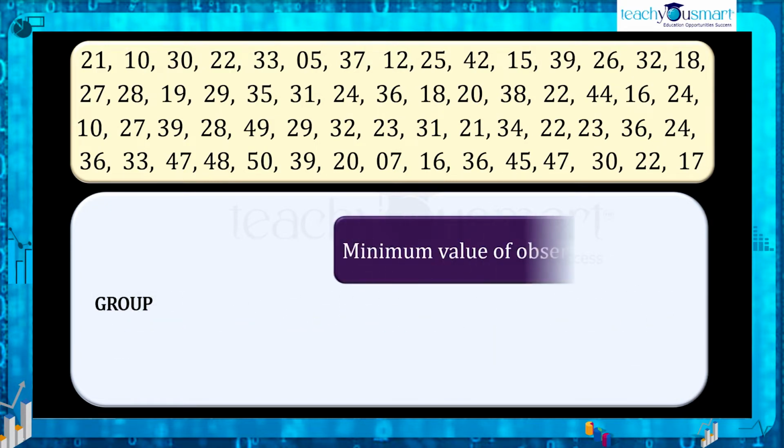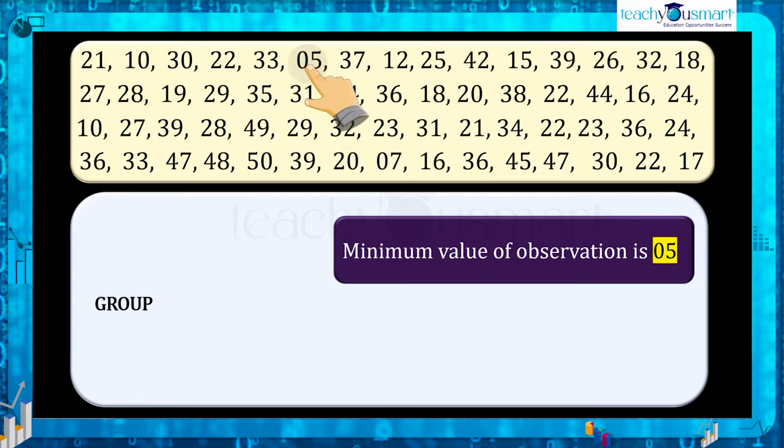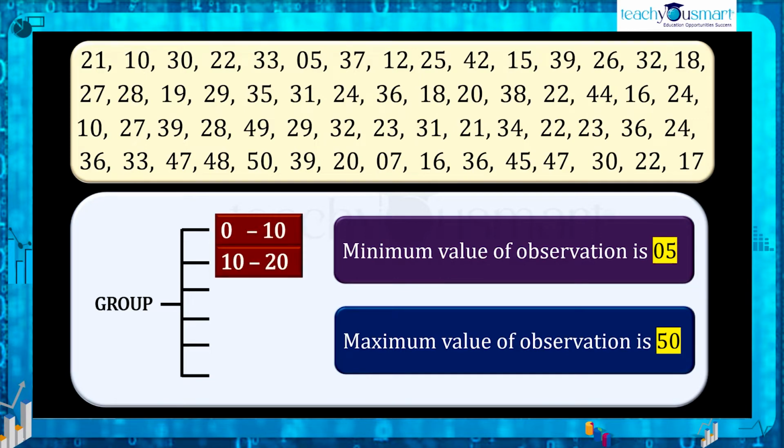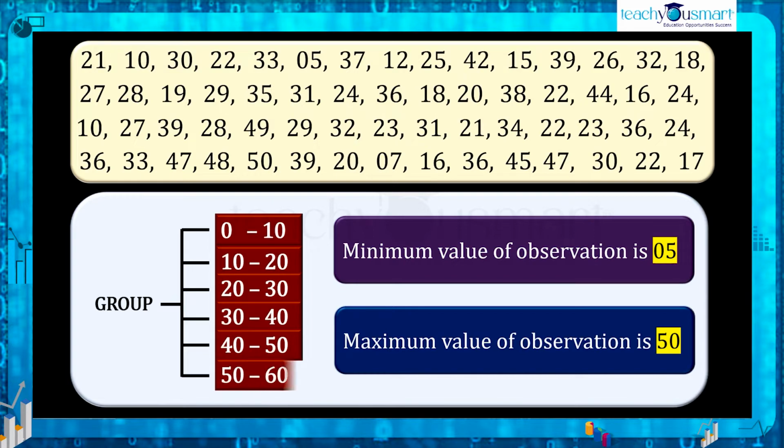Here, the minimum value of observation is 5, and the maximum value is 50. So in this case, we can take the groups as 0 to 10, 10 to 20, 20 to 30, 30 to 40, 40 to 50, and 50 to 60.